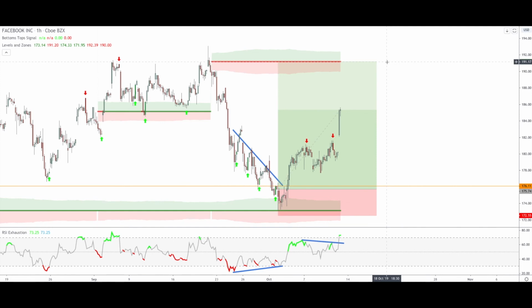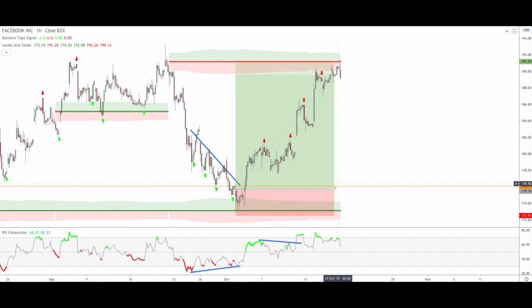It's not over, so we are not done yet, and there's still quite some way to go, but I'm pretty confident we can get to that level, given the setup that we have right now with the price, with the RSI and all our indicators.